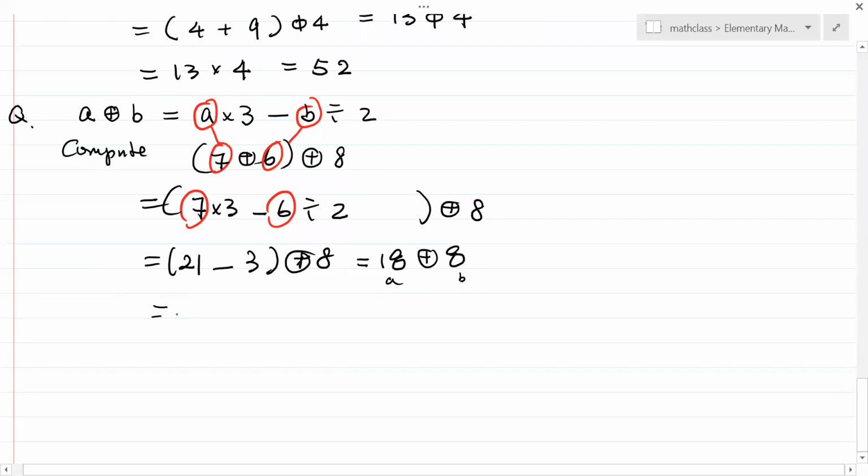A times 3, B divided by 2. Now this time you have to use 8 times 3, right? I think 54 minus 4, so it's 50. Okay, so this is 50.